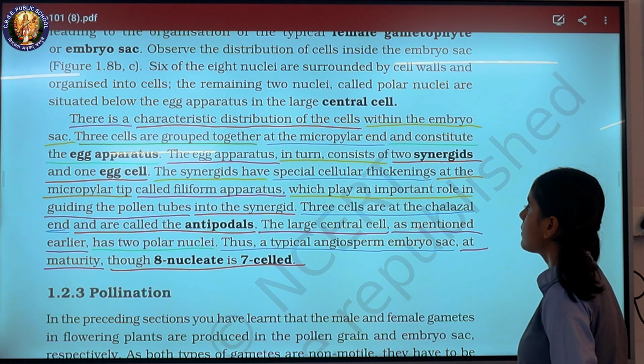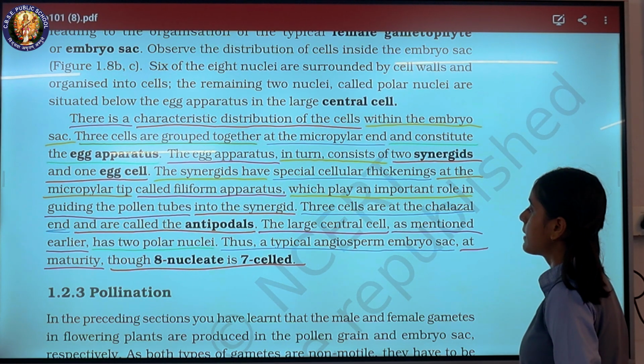The large central cell, as mentioned earlier, has 2 polar nuclei. Thus, a typical angiosperm embryo sac at maturity, though 8 nucleate, is 7-celled.